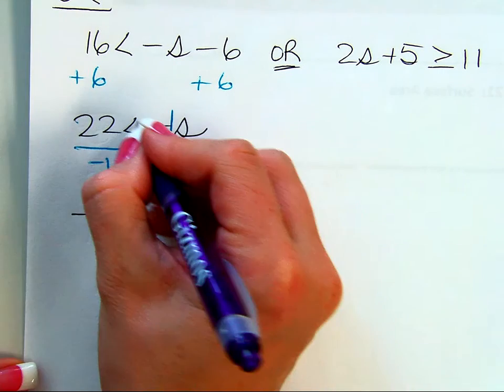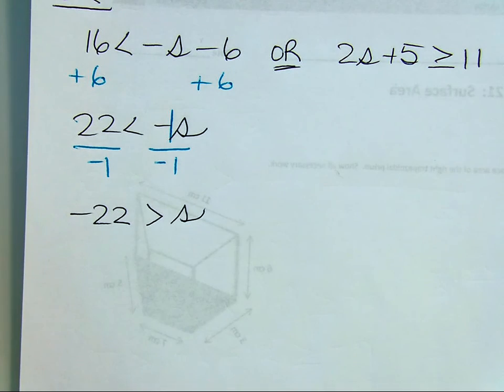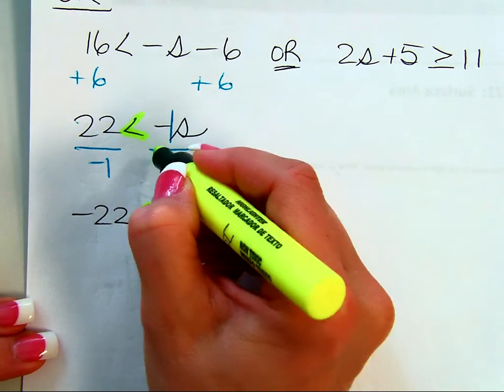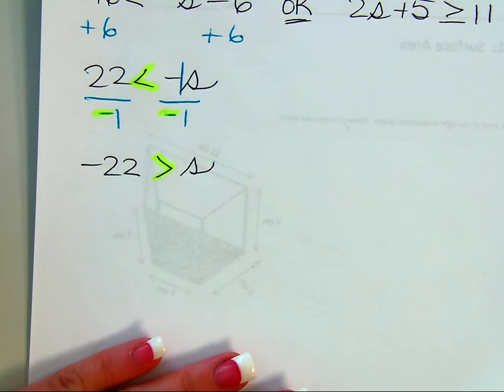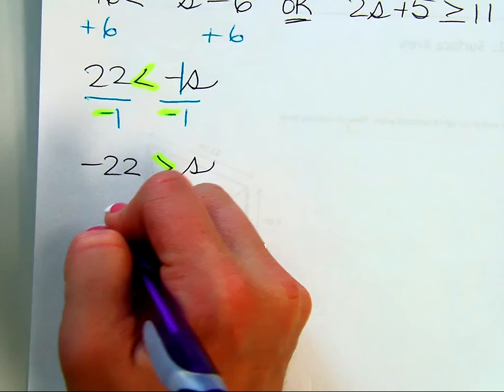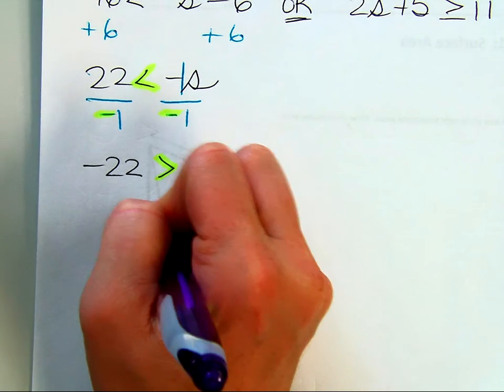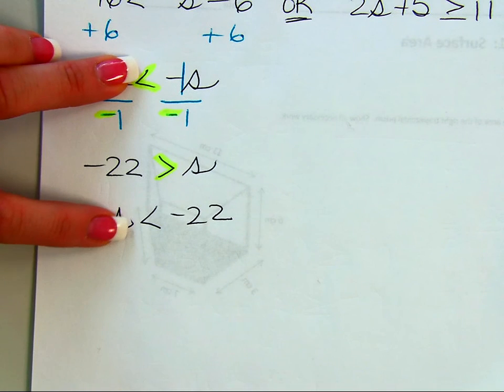This less than becomes greater than because I just divided by a negative. And now I want to have my s on the left. So if negative 22 is greater than s, that means s is less than negative 22. So remember what we talked about, how it looks like it didn't really switch?